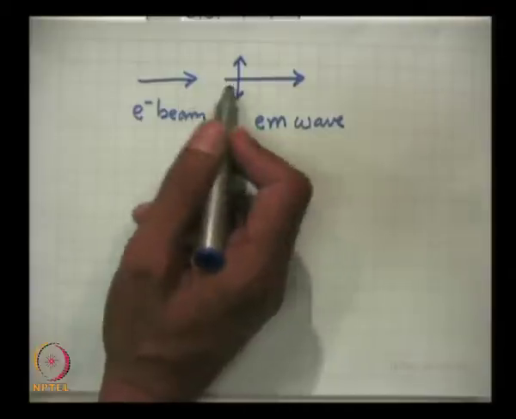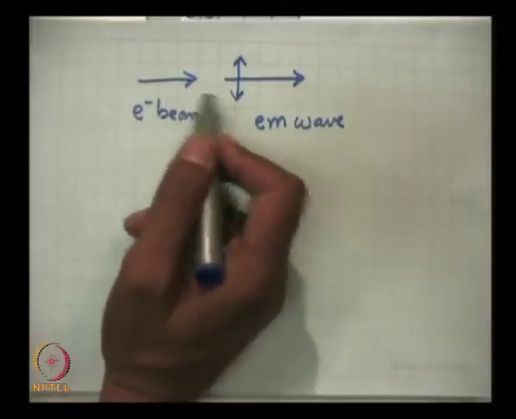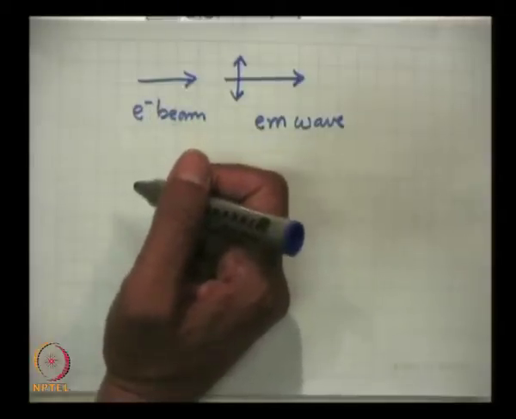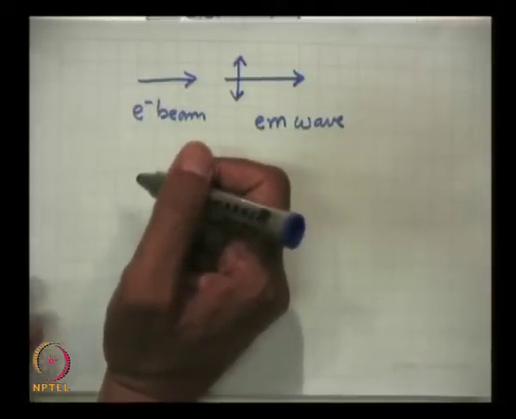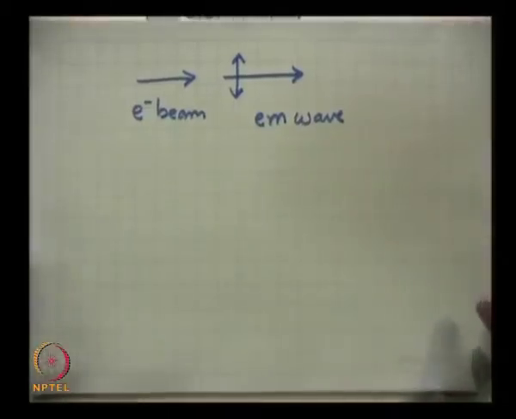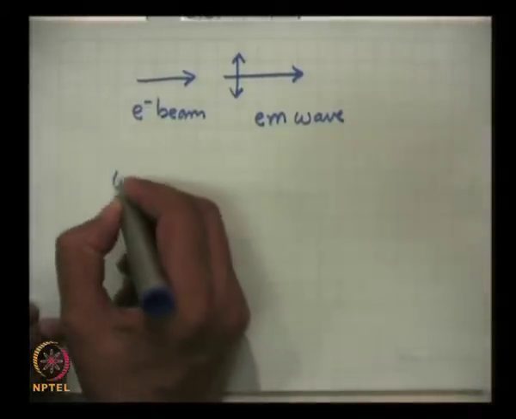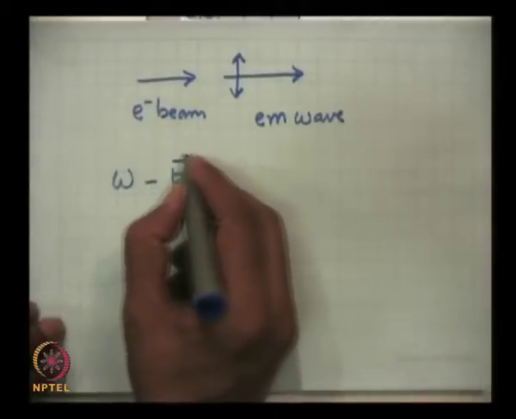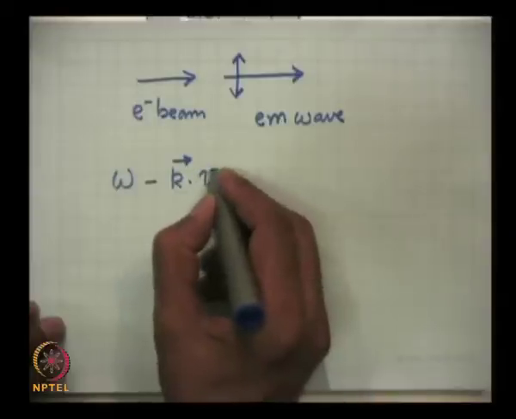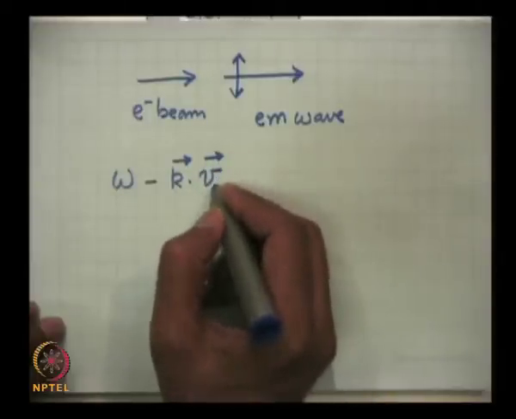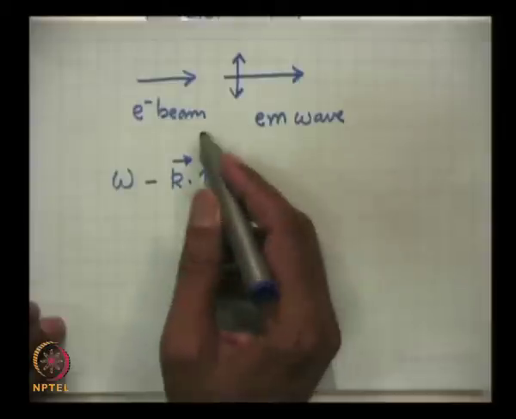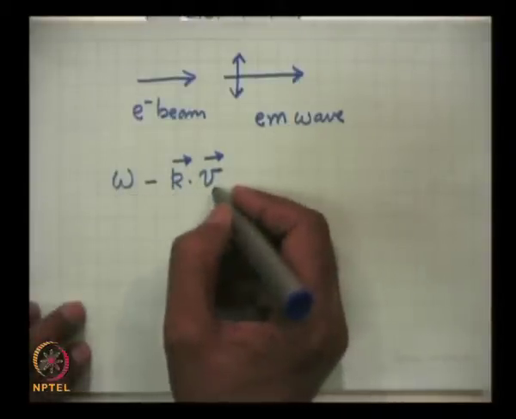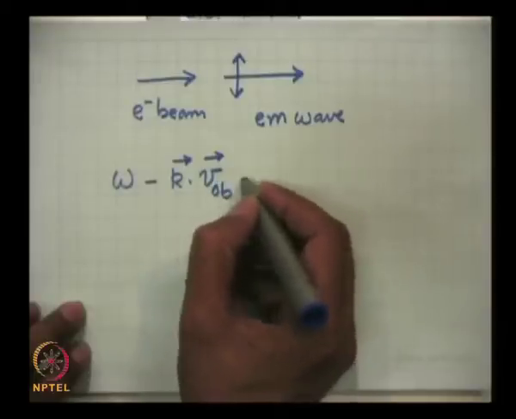This wave cannot extract energy from the electron beam. The second problem is the Cherenkov resonance. For momentum and energy conservation, if the electron has to emit a photon of frequency omega and wave number k, then this condition must be satisfied.